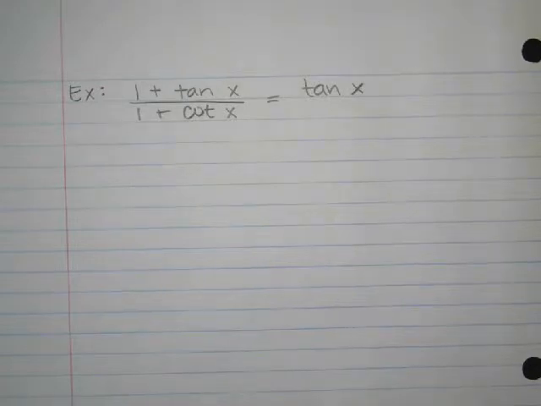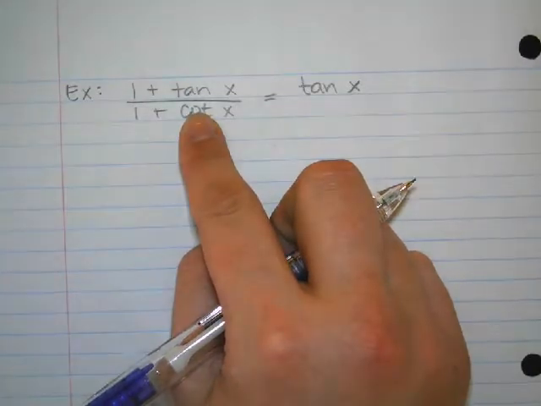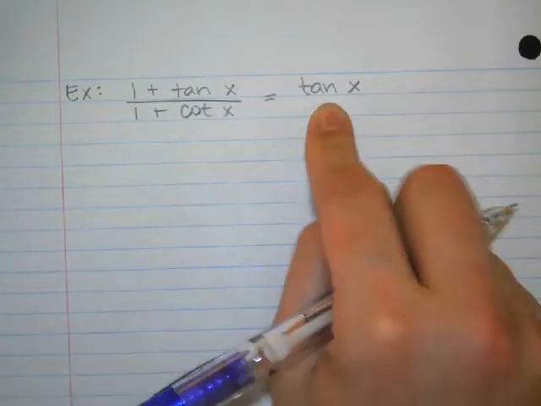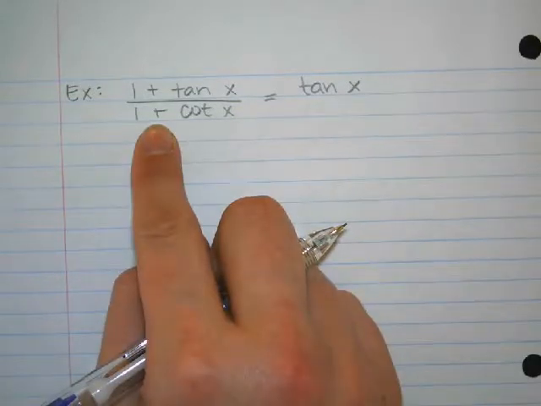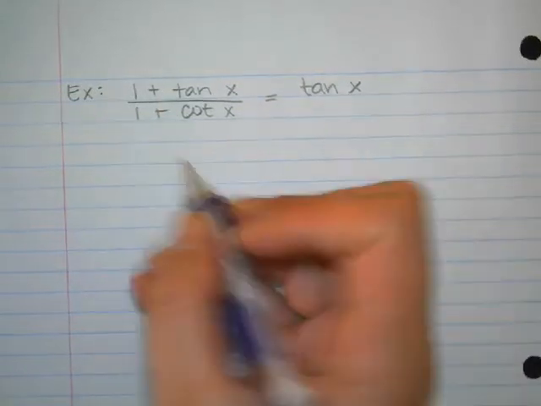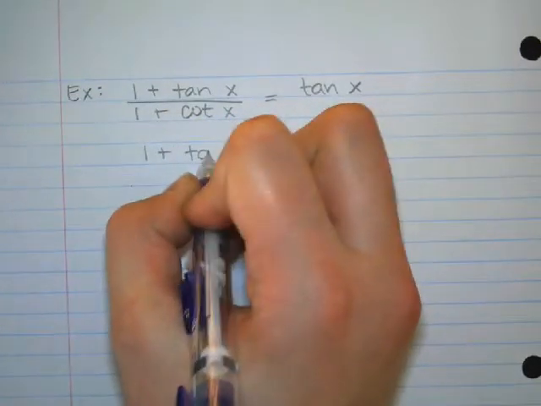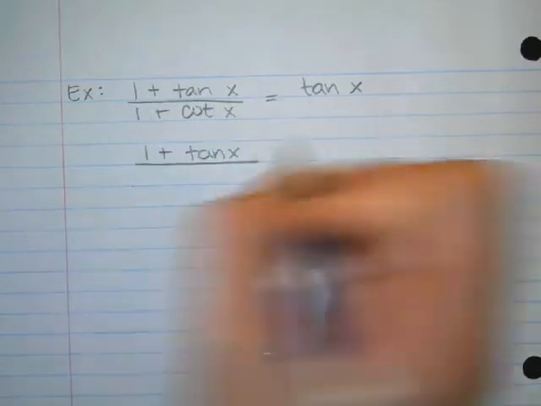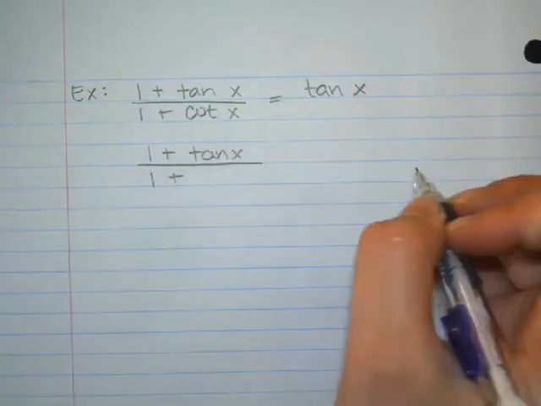So this problem is easiest to do either in terms of cotangent or in terms of tangent, because cotangent and tangent have a direct relationship to each other already, okay? Now, if the right side says tangent, then which should we convert it into? Tangent, okay? So I'm going to leave the top part the same, because it's already written as a tangent. And then on the bottom, I'm going to rewrite it as 1 plus, and what should I replace it with?